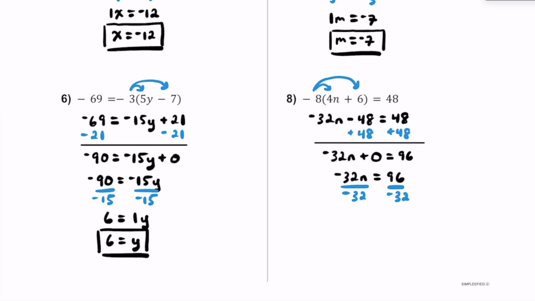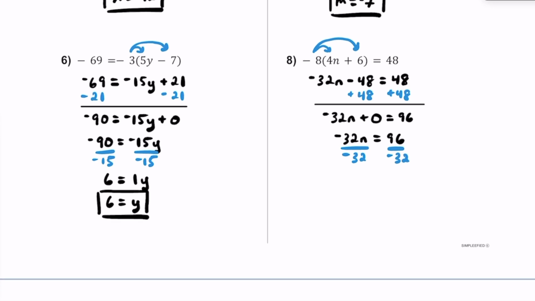And using the multiplicative inverse property, negative 32 over negative 32, or negative 32 times 1 over negative 32 is going to be 1n, or just 1 multiplied by n. And on the right side, 96 times 1 over negative 32, or divided by negative 32, is going to be negative 3. And using the multiplication identity property, we can say that n is equal to negative 3. So I think this right here would be our solution.